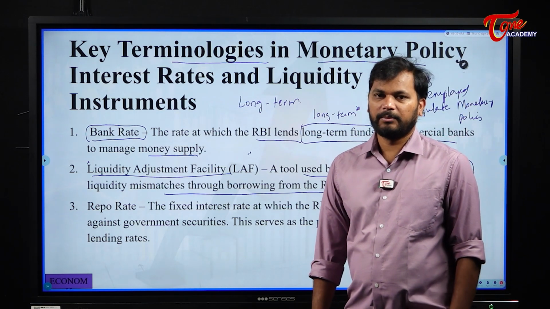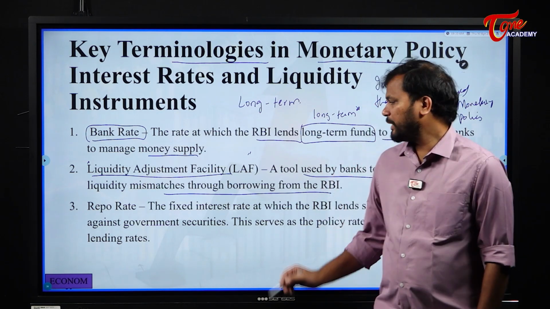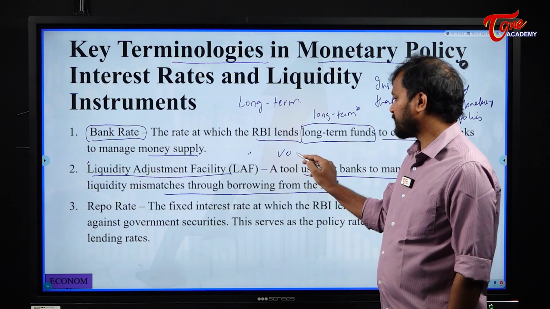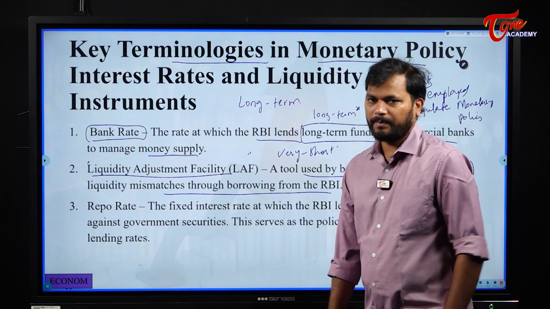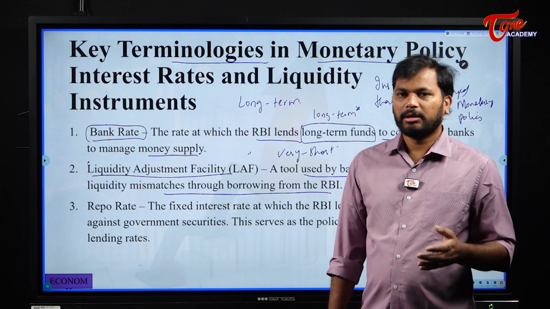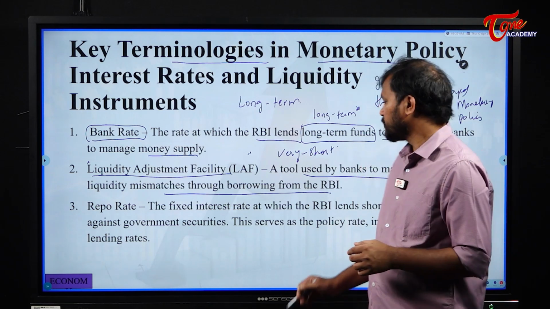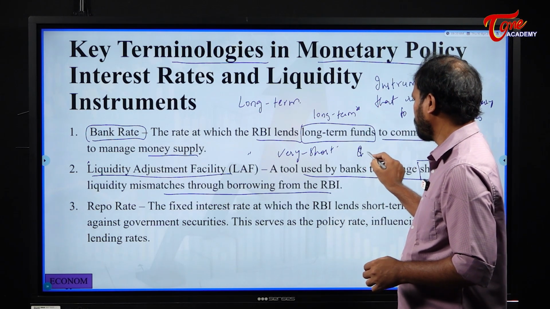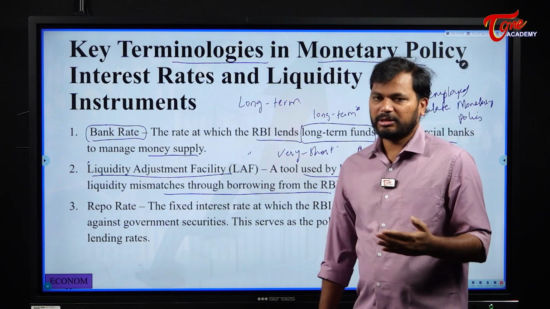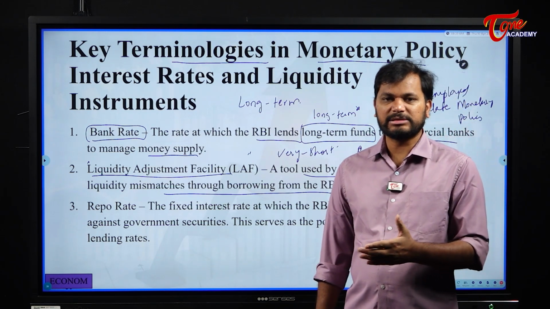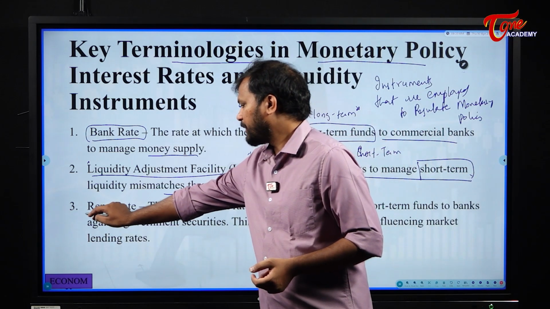If the liquidity mismatch is very short-term in nature, then it can be supplemented by borrowing money from the RBI on a very short-term basis. As it is a short-term liquidity mismatch, the money can be borrowed from the RBI on a short-term basis.